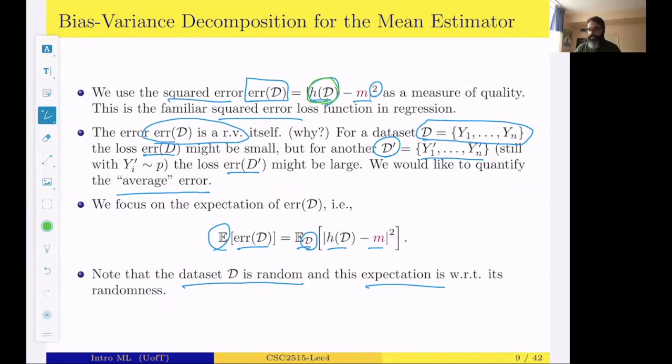Yes, exactly. Different D's give different h of D, and as a result, different error of D. But different D's come from the same distribution, right? Yes, the same distribution, assuming they're independently sampled. So it's n data points independently sampled from distribution P, and then another n data points independently sampled from distribution P.